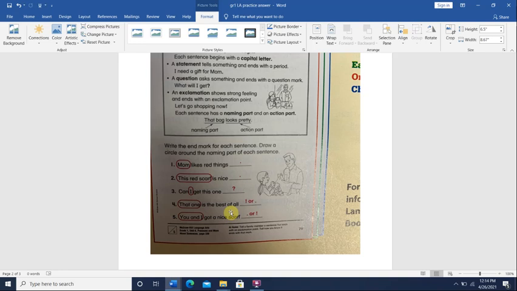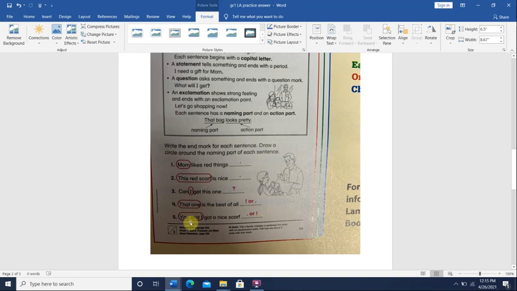But if you say it with a little bit of excitement, it can become an exclamation. So this sentence can be an exclamation or a period. And the subject is that one, because we're talking about that one or that scarf.